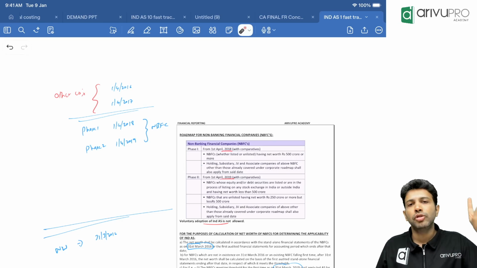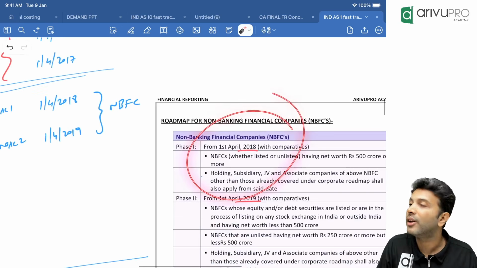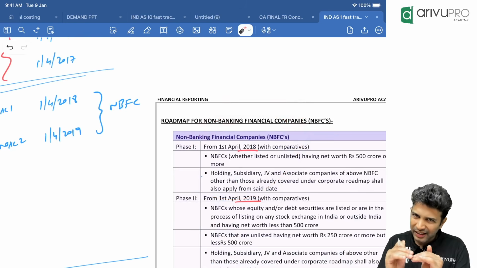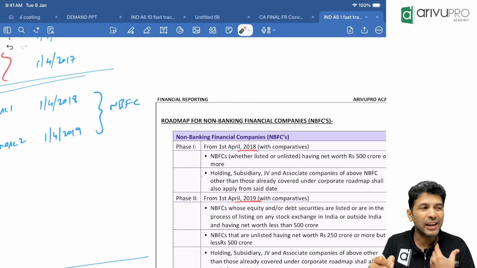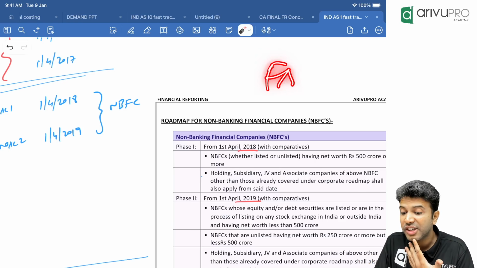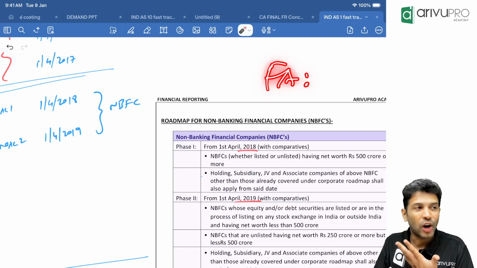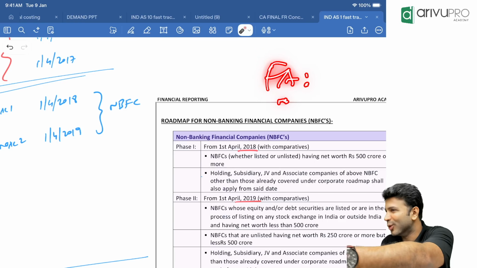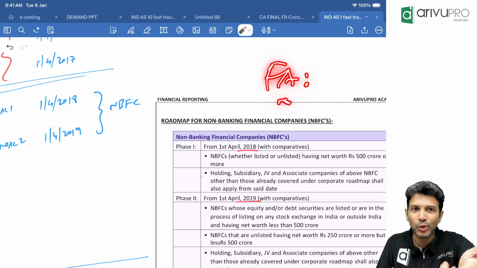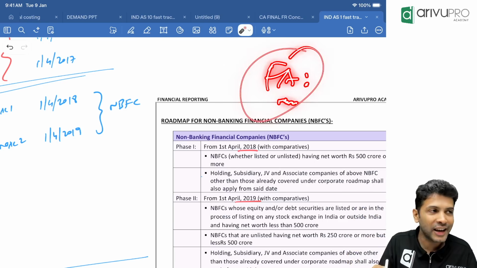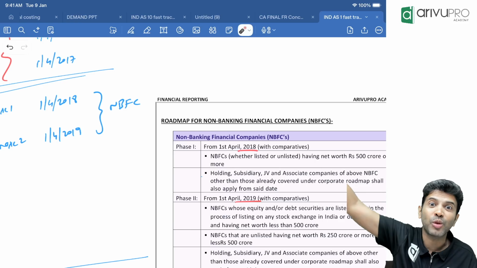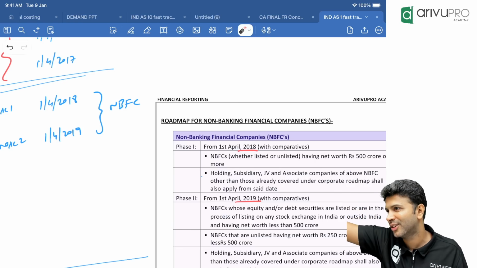Banks know when they give out a loan, it's a financial asset. A normal company will have maybe 1 or 2 loans, so it's easy to do effective interest rate and fair value. But banks will have hundreds and thousands and lakhs of loans.